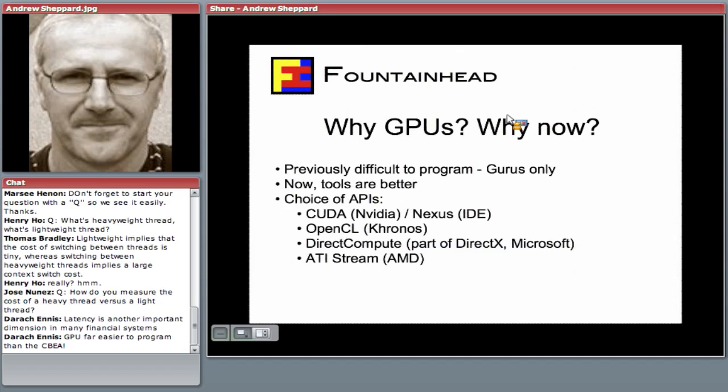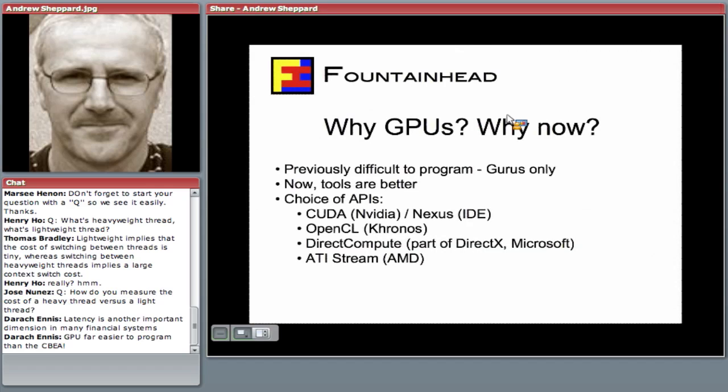DirectCompute, which is part of DirectX, is Microsoft's offering, and that obviously only works with Windows. Incidentally, the other toolkits, OpenCL, CUDA, and ATI Stream, the offering from AMD, who owns ATI now, the other major GPU manufacturer, are multi-platform. You can do it for Windows, Macintosh, Linux, and so on. But DirectCompute is Windows only.